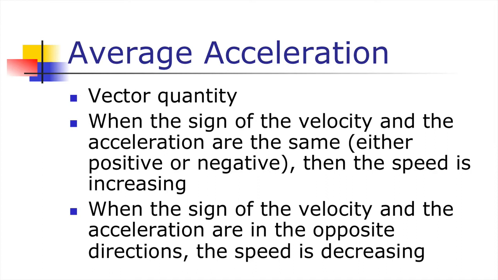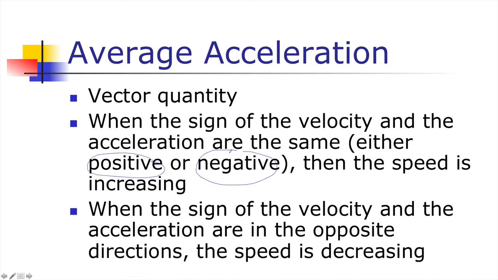For now, we're going to assume that sometimes you can have a negative acceleration. So acceleration is a vector like velocity. It can be positive or it can be negative, because it's a vector quantity.